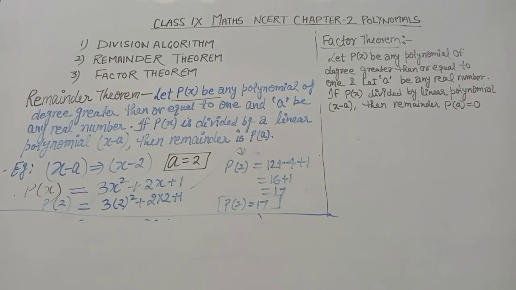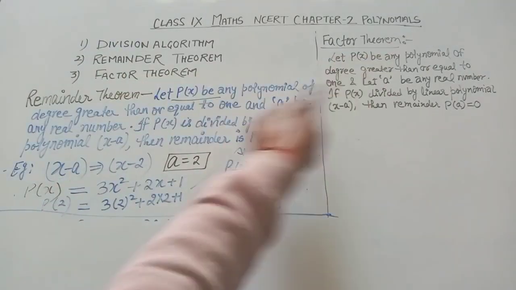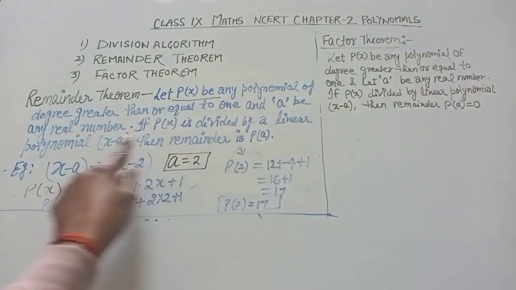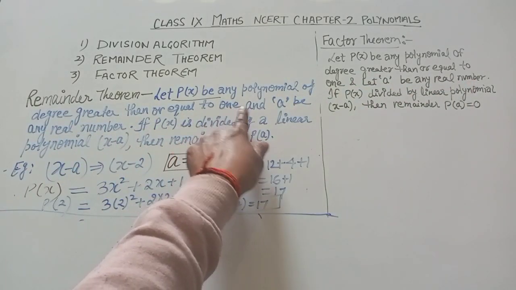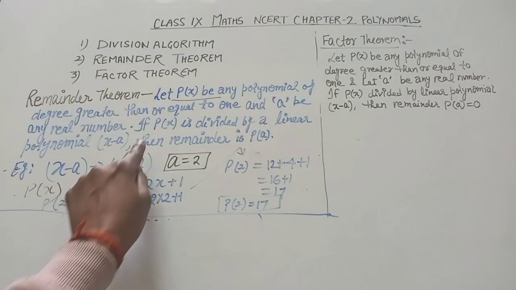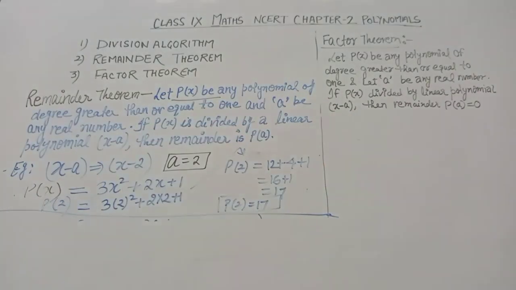So let's compare the factor theorem and the remainder theorem. Same statement: let p(x) be any polynomial of degree greater than or equal to 1 and let a be any real number; if x minus a divides it, then the remainder is p(a). यहाँ remainder क्या आएगा, p(a) आएगा और यहाँ remainder 0 आएगा.